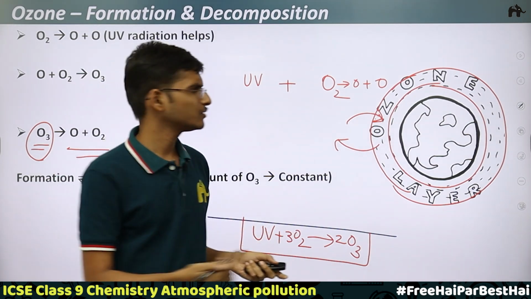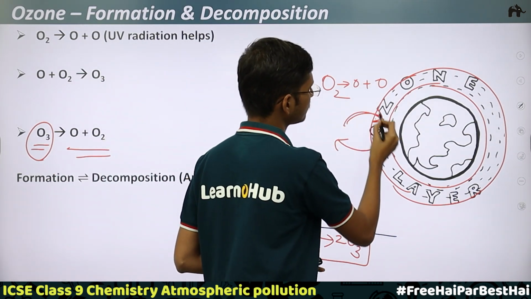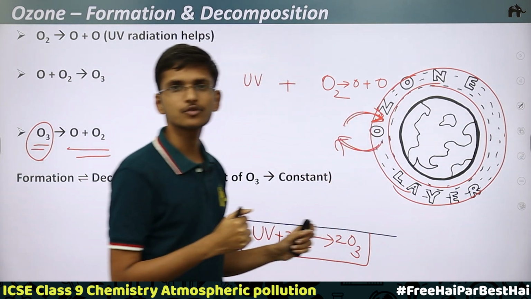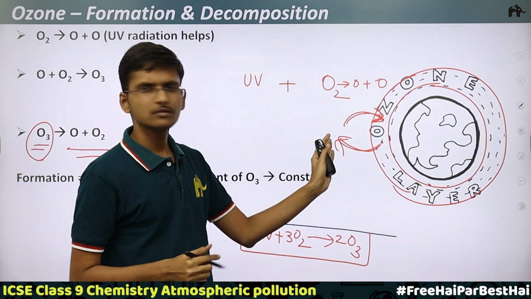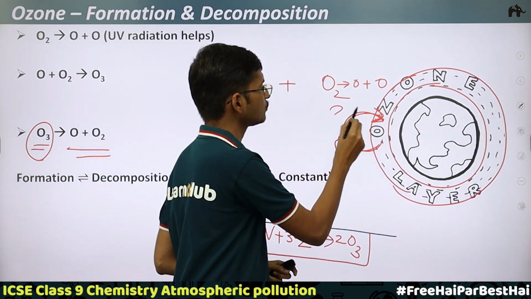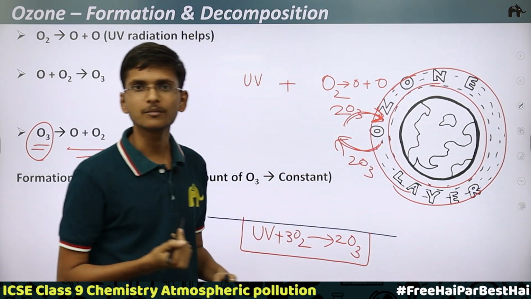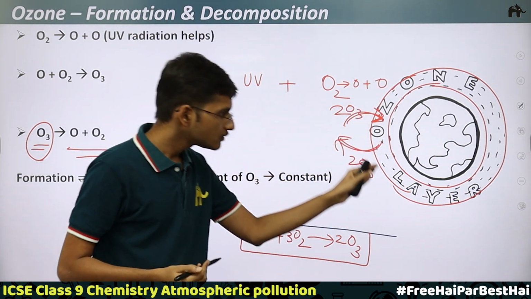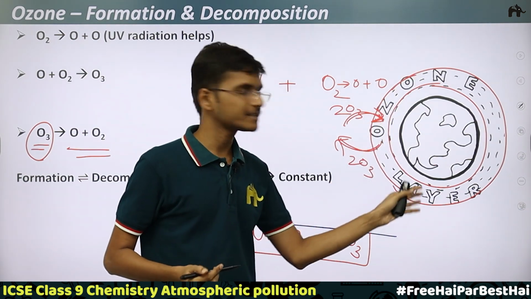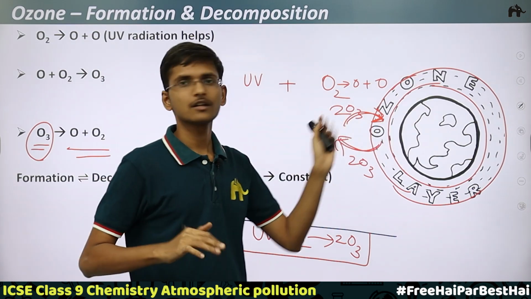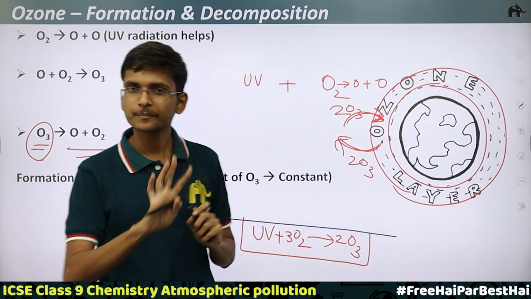When more ozone is added, some of the ozone is getting decomposed. Suppose 2 ozone molecules are formed, 2 ozone molecules are then decomposed. So the amount of ozone remains constant at normal conditions.